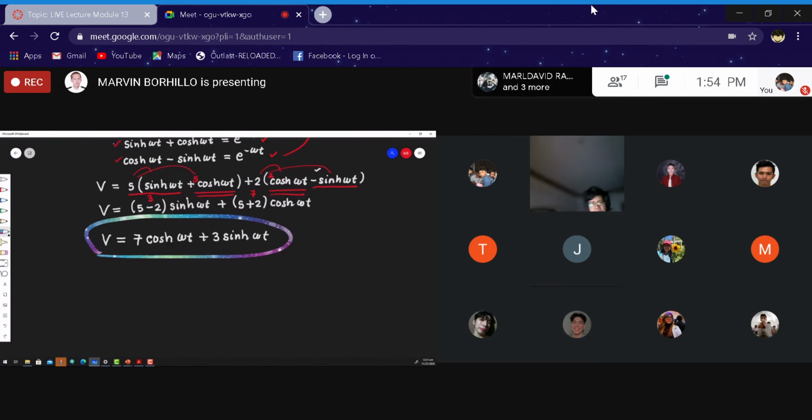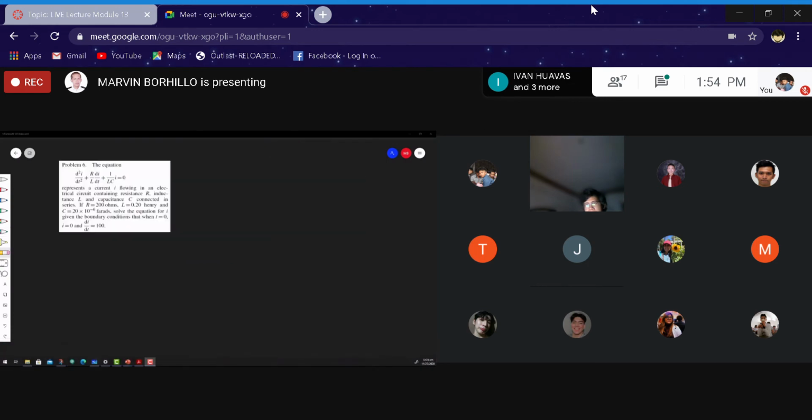So, next problem will involve an RLC circuit, or resistor, inductor, and capacitor. Next problem. Okay, our next problem will be an RLC circuit. This kind of problem you're going to see in Circuit 3.